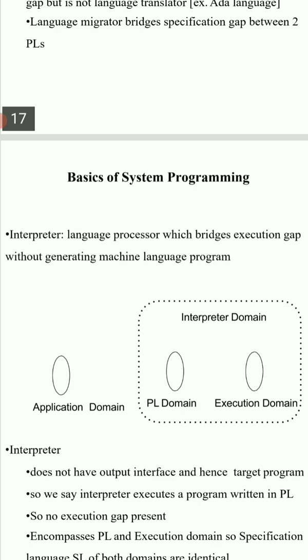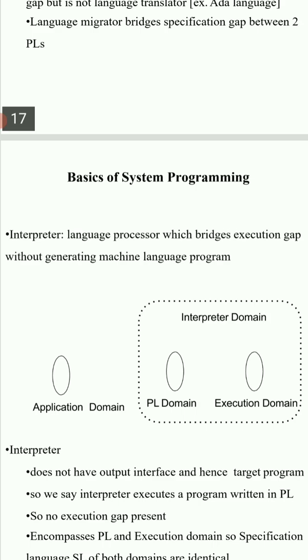Interpreter has control of the execution of the program during the execution, because it is taking source code and interpreting only that instruction, a single line at a time.